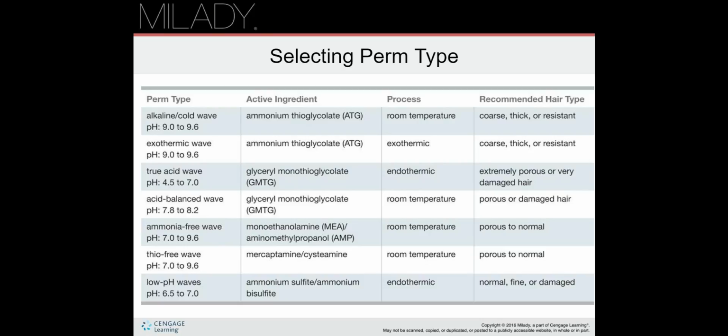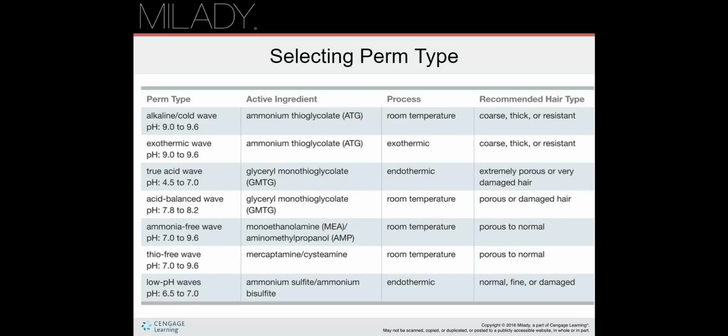The reason for that is because the medulla and the cortex have already been damaged, and there probably isn't any elasticity left in hair that's been bleached a lot. So it's not even going to be able to grab onto the curls. What will happen is the new hair, the roots, will have a great curl, and then all the hair that's damaged is going to be straight. So don't do that to yourself. Don't do that to the client.